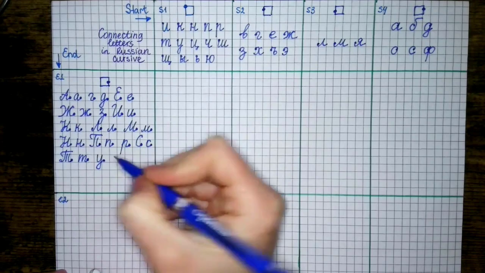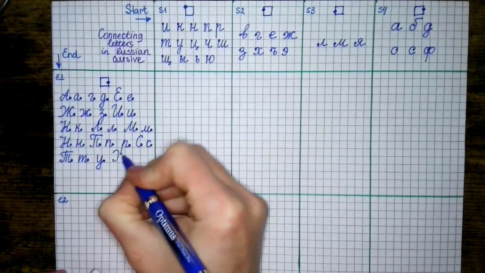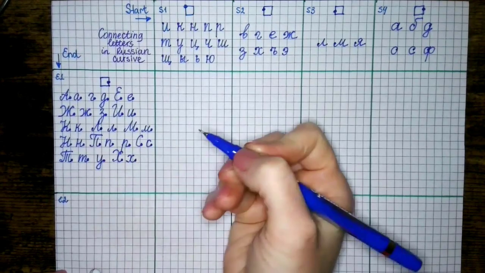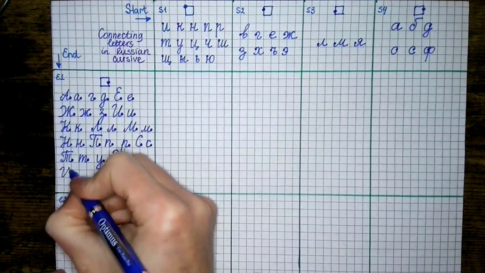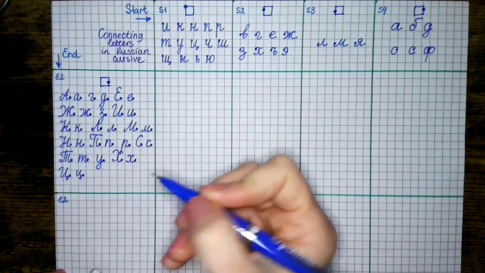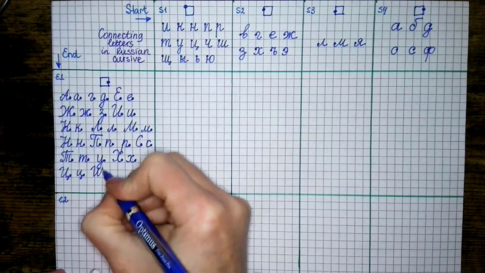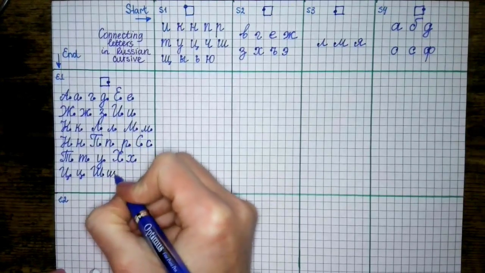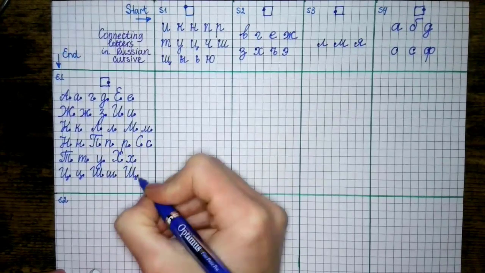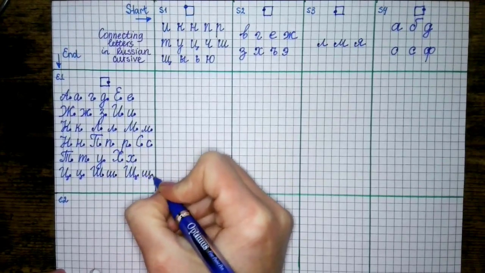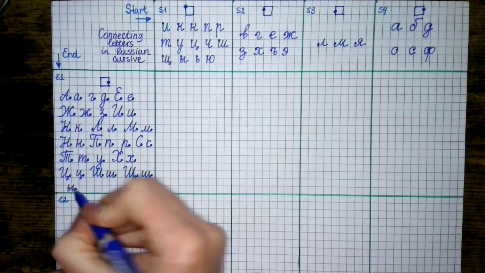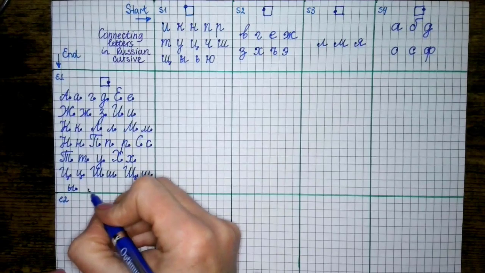Lowercase u, both uppercase and lowercase h, both uppercase and lowercase c, sh, sha, sha, and then the letter u, and both letters ya.